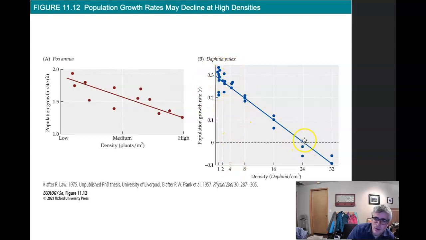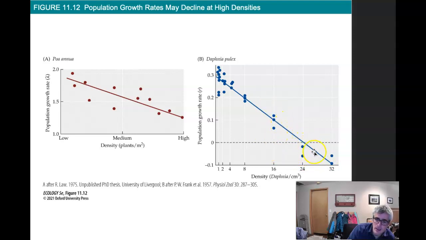It tends to cross the threshold from growth to stability to negative population growth at around 24. So when you've got more than 24 Daphnia per milliliter, which is a lot, growth rate goes down, meaning death exceeds birth. So this population will decline, and ideally eventually it'll move over here and start to grow again.